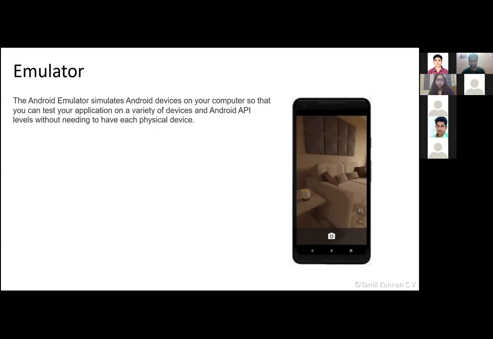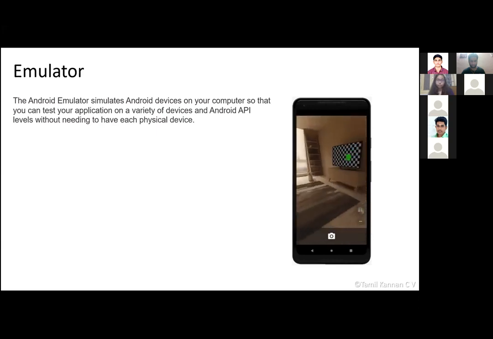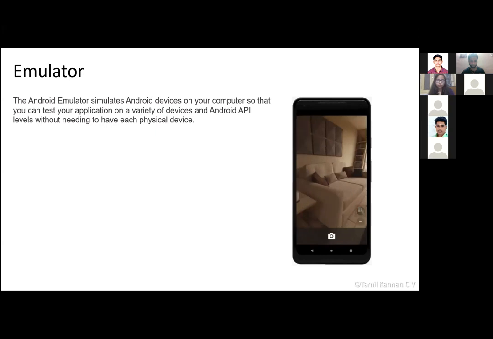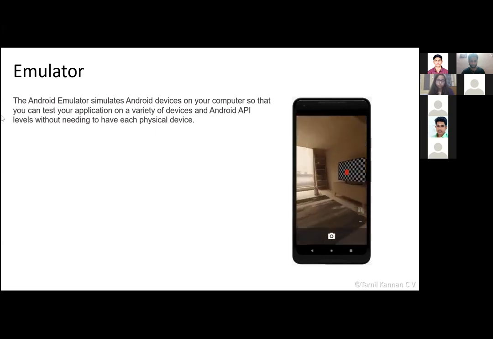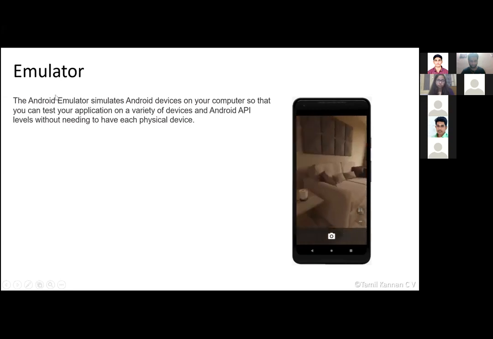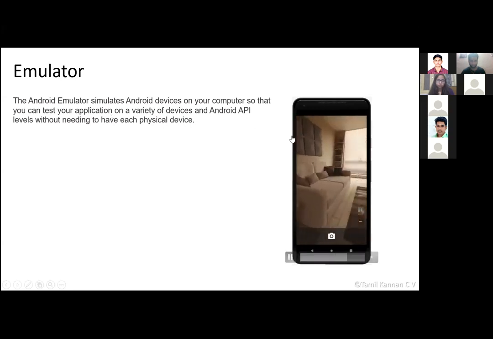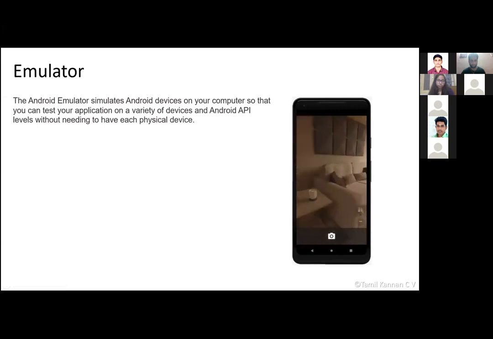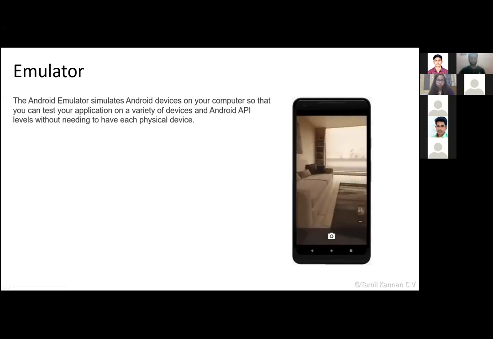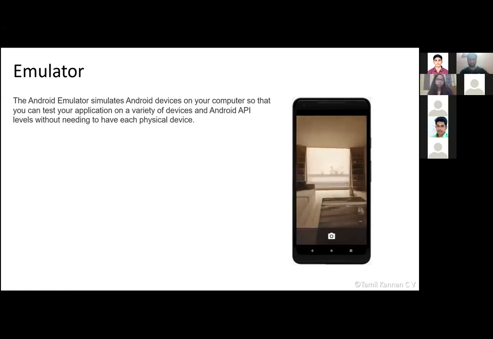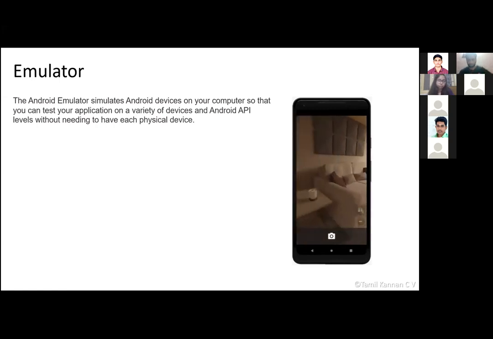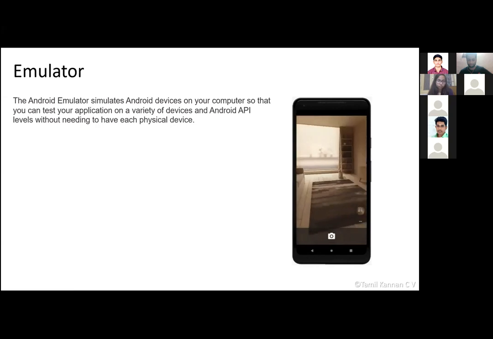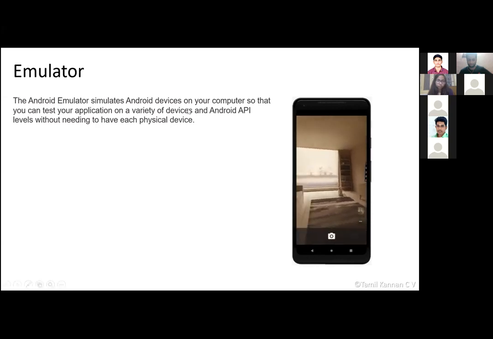If you need to test your application on other versions of Android, you need not buy another device. For that, here comes the Android emulator, which is a simple BlueStacks-like application that brings the Android OS into your Windows operating system, and you can test your applications using this Android emulator.